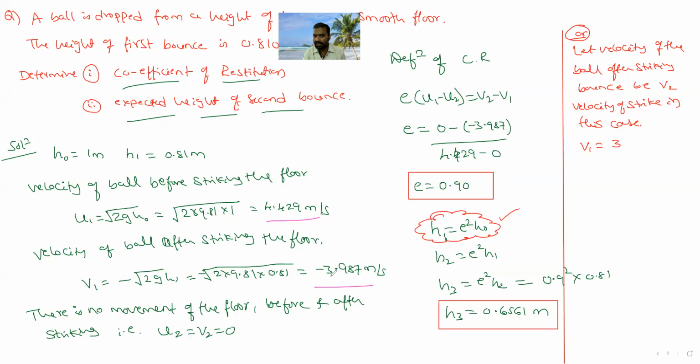This 3.987, whatever it is there, will be now coming towards the down, for the next bounce. It is the positive condition, plus 3.987 meter per second.